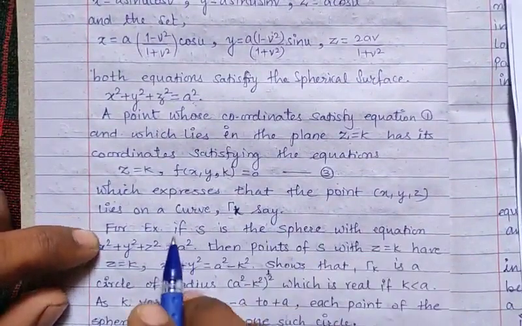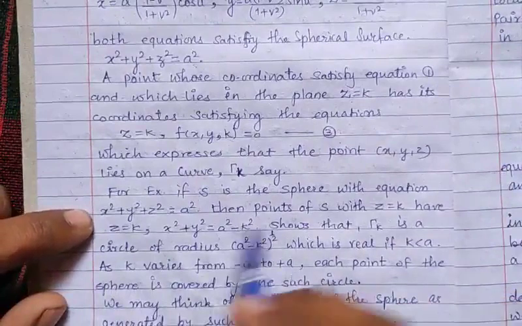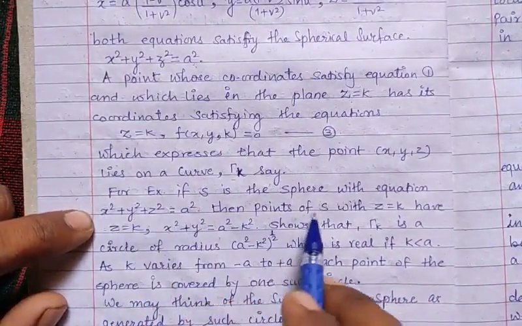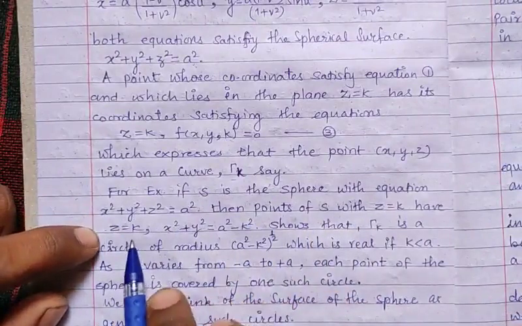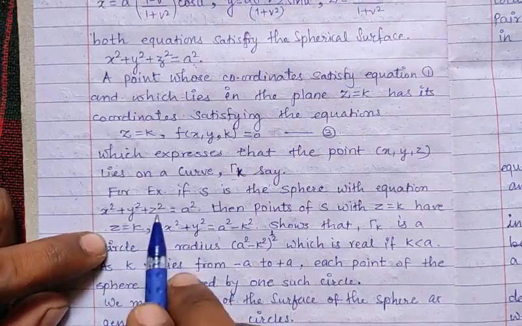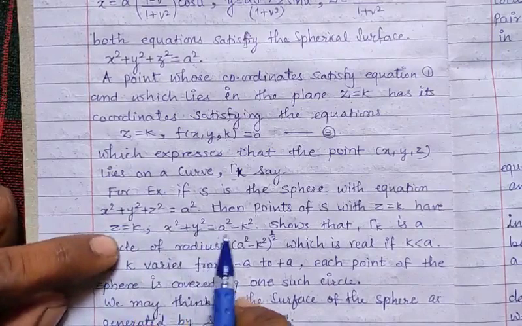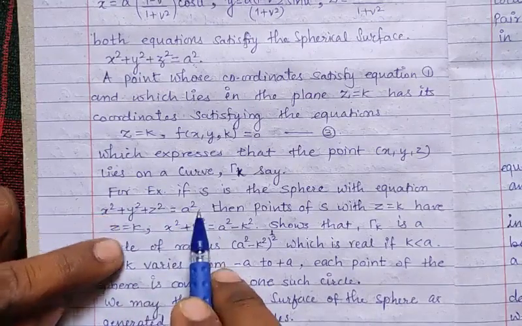Say, for example, if S is a sphere with equation x square plus y square plus z square is equal to a square, then points of S with z equal to k satisfy this equation with z substituted by k. So you will get x square plus y square is equal to a square minus z square, and the value of z is k.